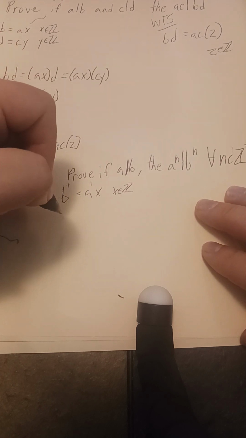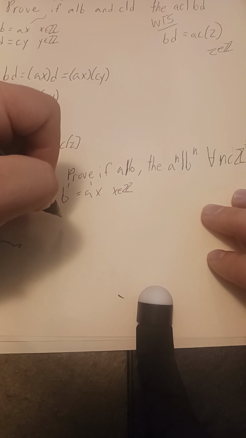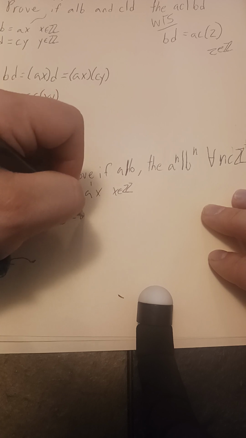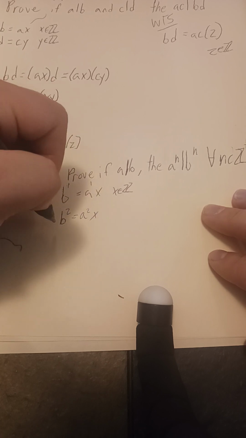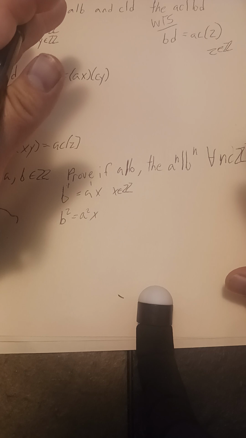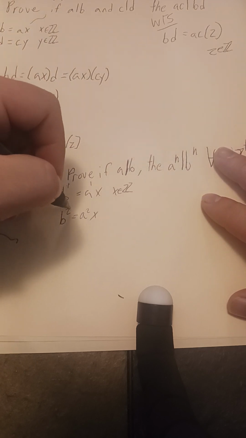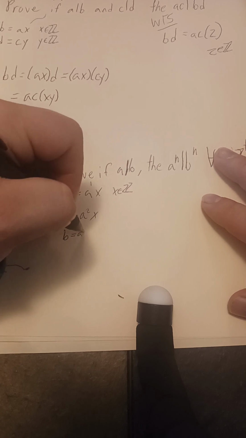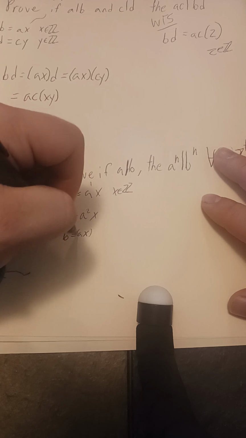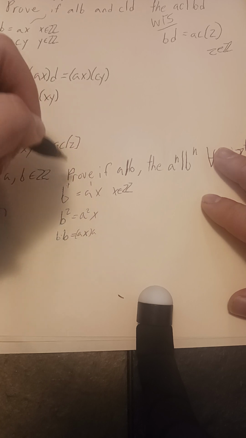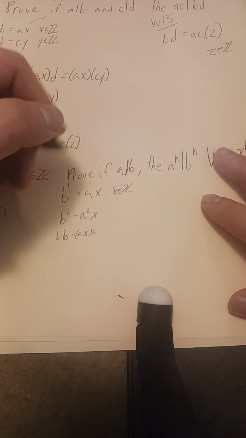What about A2, B2? With A2, B2, it's literally just multiplying. Let's see. This is basically assuming what I'm trying to show, but just bear with me here. Because I'm thinking, B equals AX.